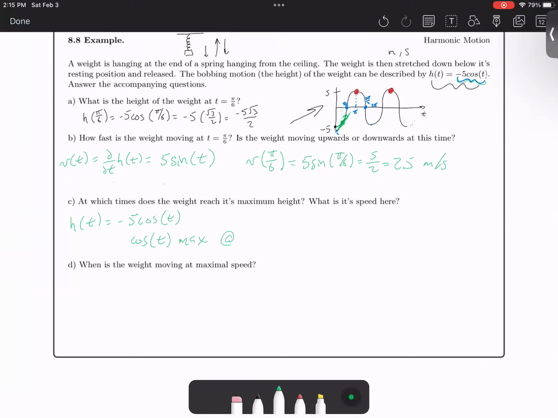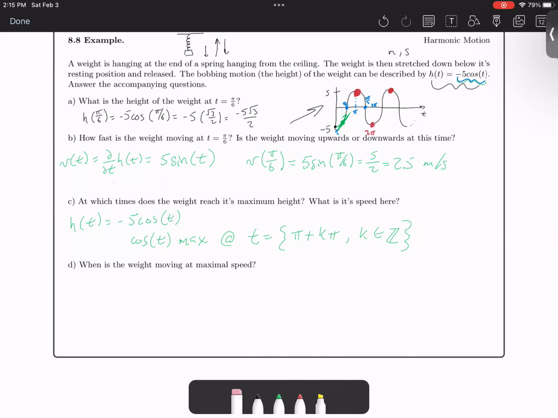And these occur at time values of pi plus k pi, where k is some integer. So that just gets all of my maximums. Right? It gets this one, but then if I add another pi to it, I end up down here at 2 pi.